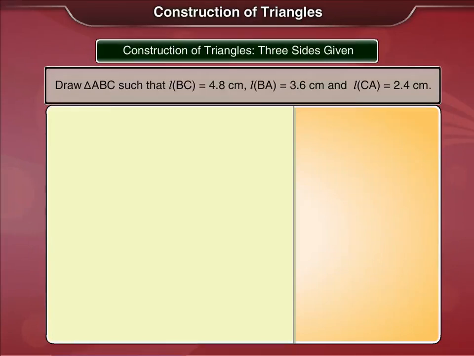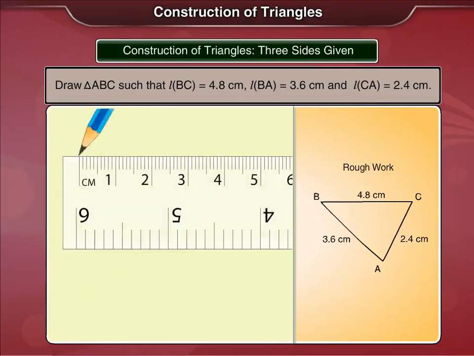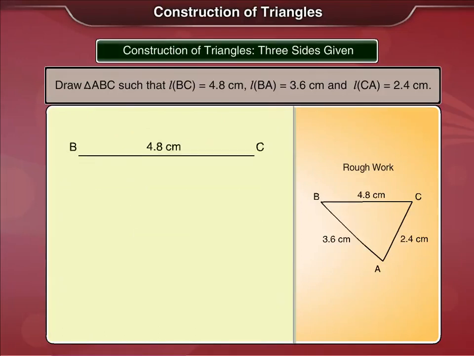Taking the radius 3.6 centimeter, equal to the length of AB, in the compass, draw an arc. Now, place the metallic point on C. Draw another arc with radius equal to the length of the side AC, that is 2.4 centimeter.